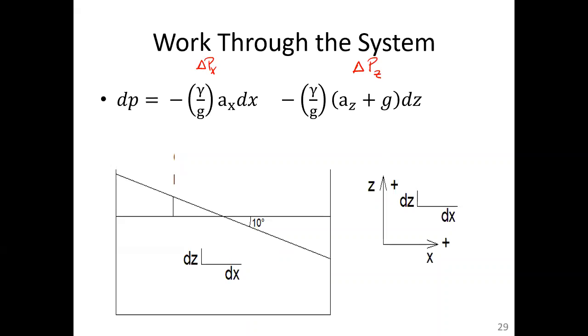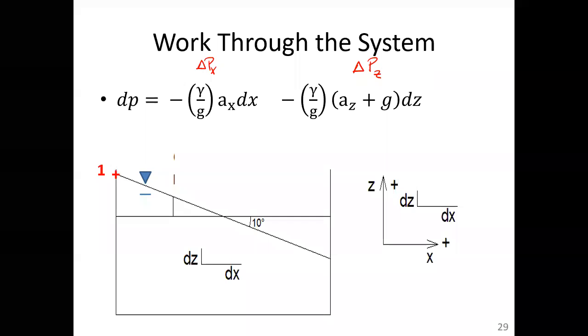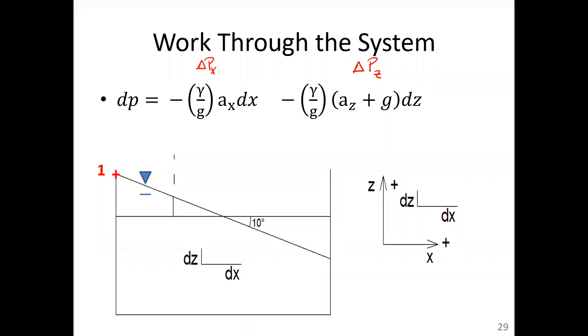This is the equation that we generated by putting the two partial derivative statements for x and z pressure changes together. So we could look at 4 points, for example, in this system. Point 1 is the upper left-hand side. Point 2 is directly below it on the left-hand side. Point 3 is the bottom of the right-hand side, and point 4 is on the right-hand side upper.